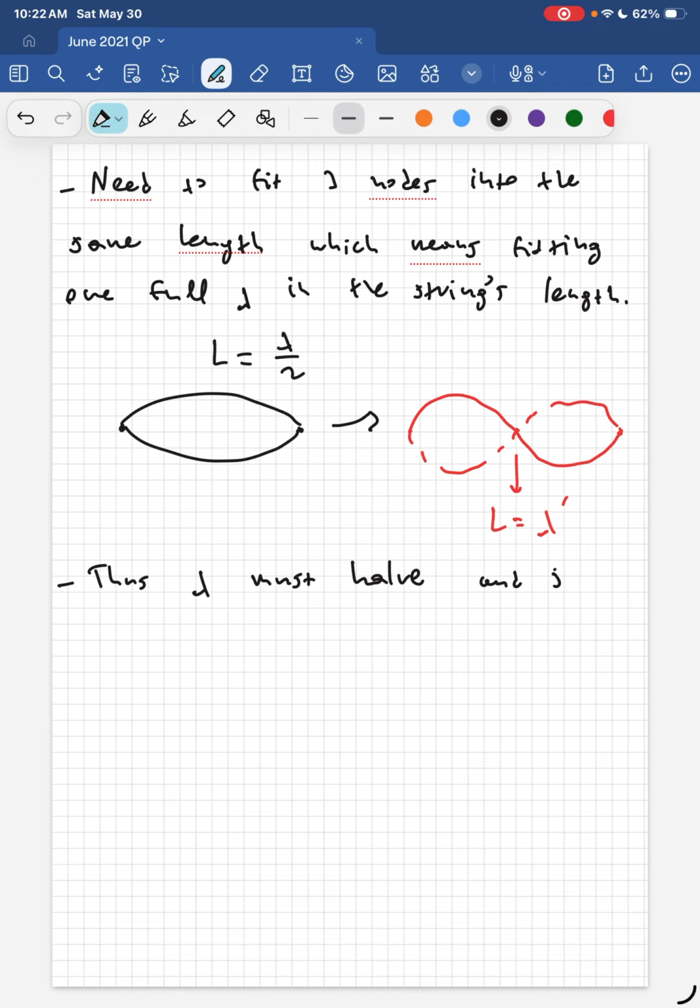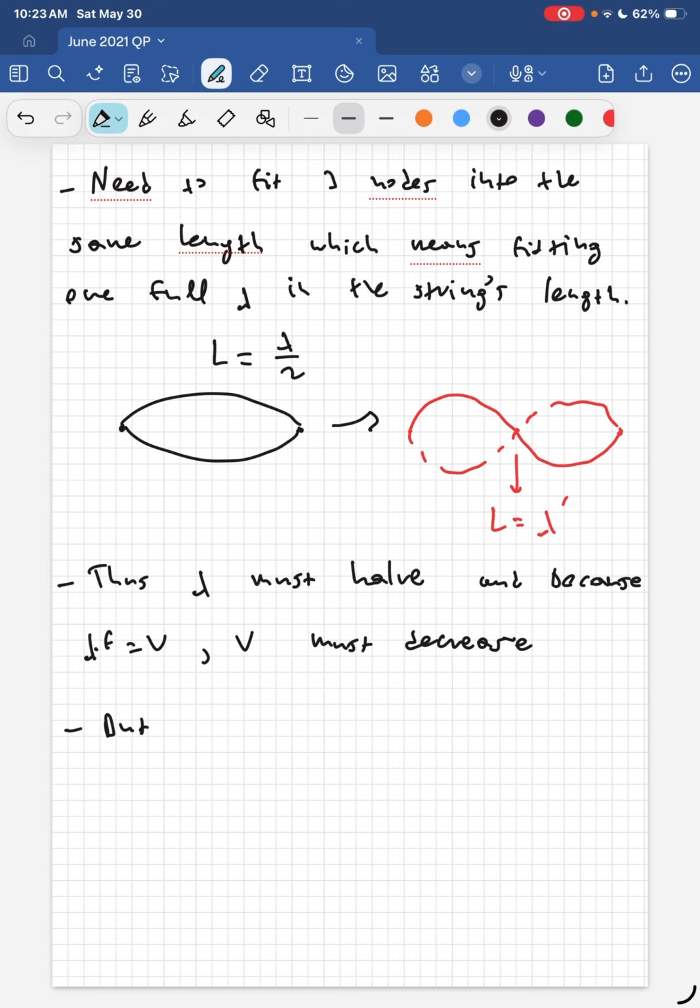And because lambda times f is equal to v, v must decrease. Which makes sense if you think about it. I mean, with a lower velocity, it's easier to fit one wavelength, right?